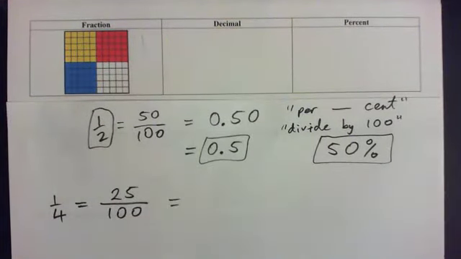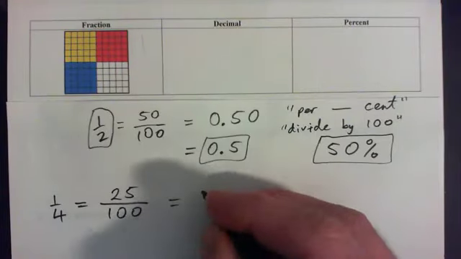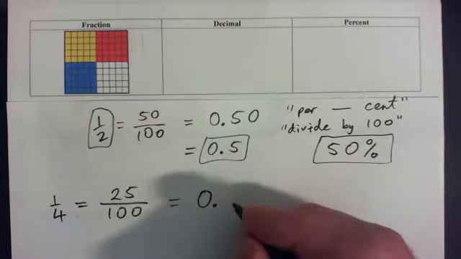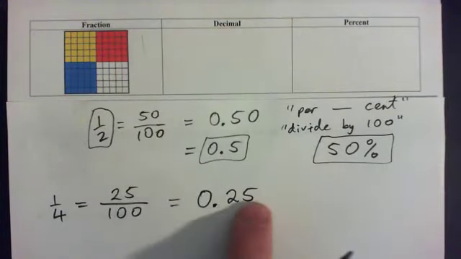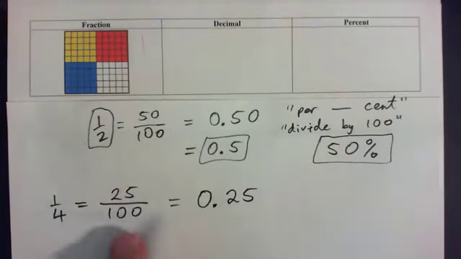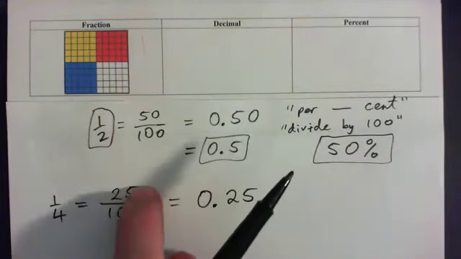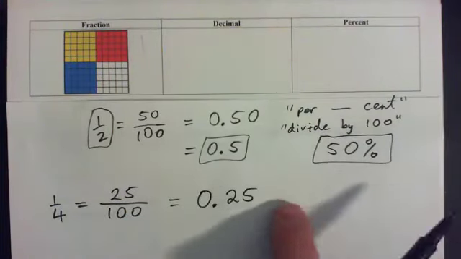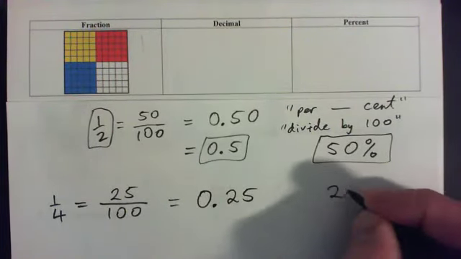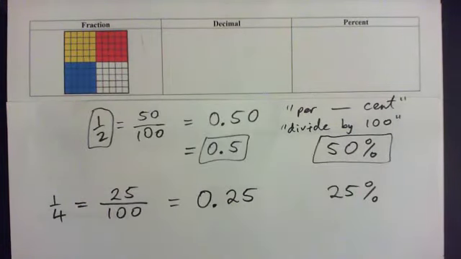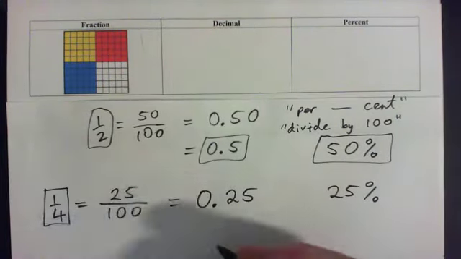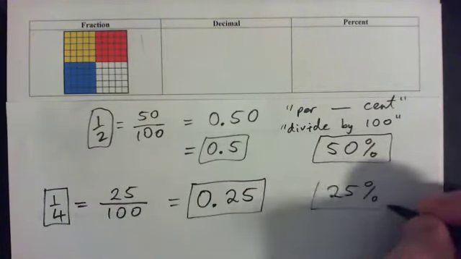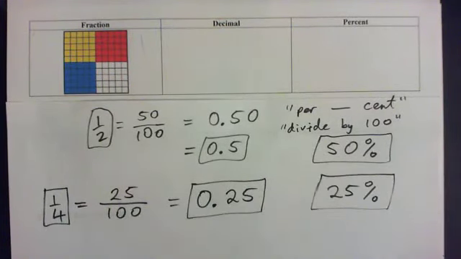How would you write that as a decimal? 0.25, 25 hundredths. And as a percentage, again, we have 25 out of 100, 25 per 100. The way to write that is simply 25%. So can you see that 1/4 is 0.25, and it's also 25%?